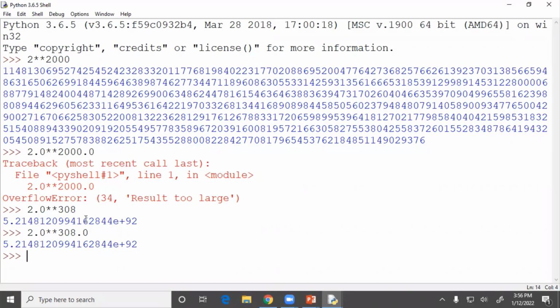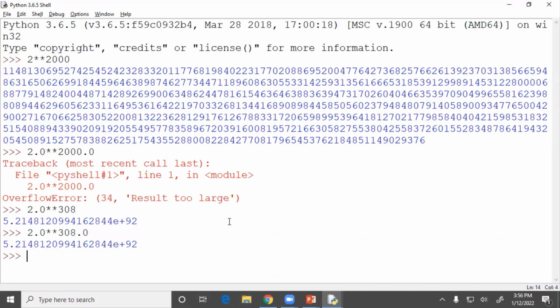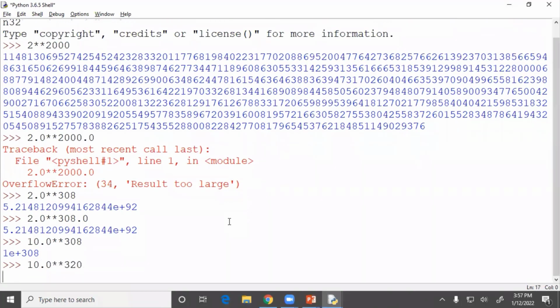No, I will get it because here it's 10 to the power, not 2. 2 is less than. Let's try 10.0 power 308. That's what you want, yes? We got it. Let's put, for example, 10.0 power, let's say 20.